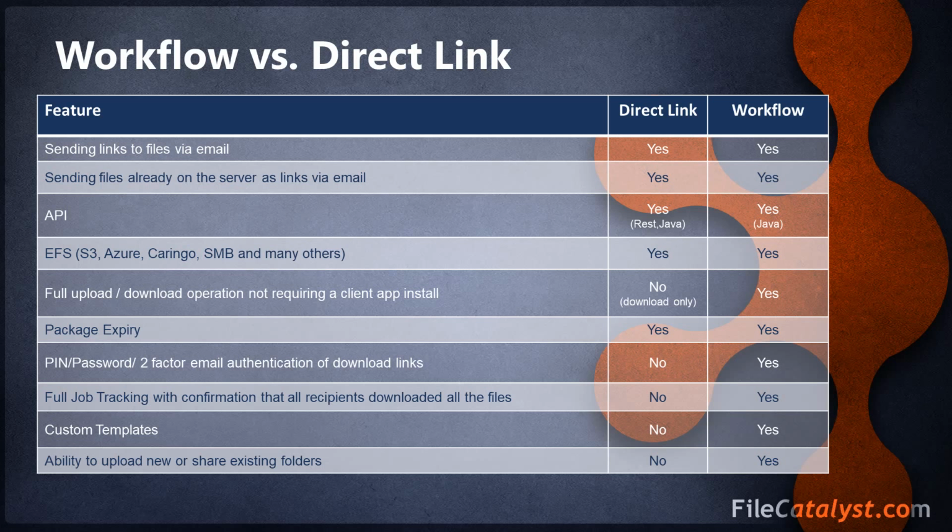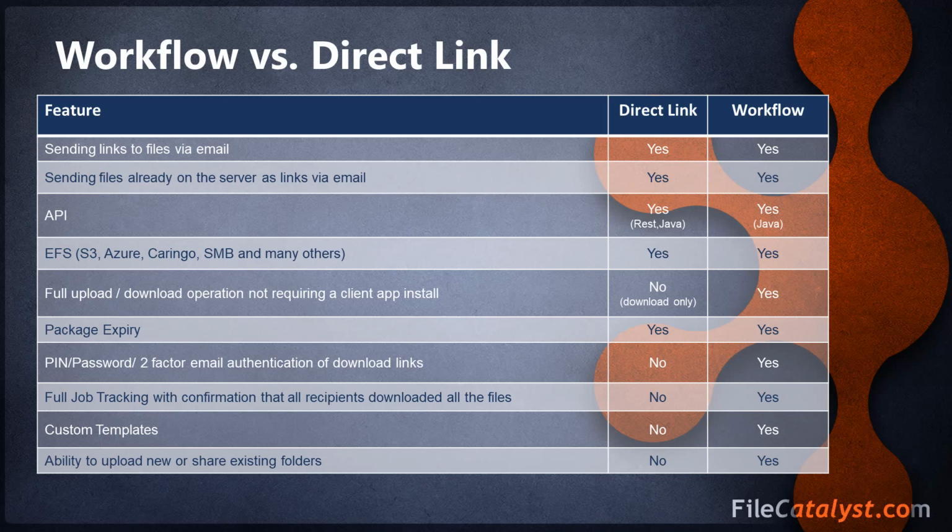So this is some of the feature sets. I made you a quick matrix here just so it's easy. Sending links to files via email, both products have it. API, as I mentioned, Direct has REST and Java. Workflow has only Java. There's something called external file system integration. So if you want to send files that are sitting on S3 or Azure or any other object storage server, you can do it as well.